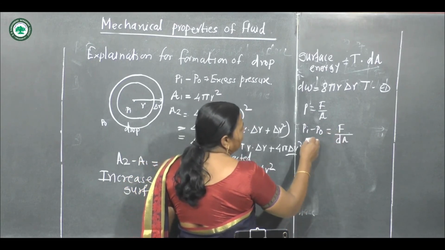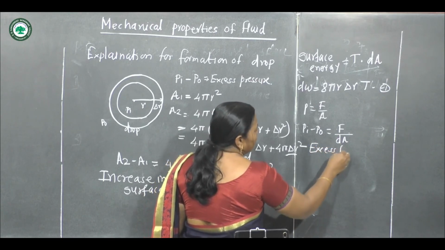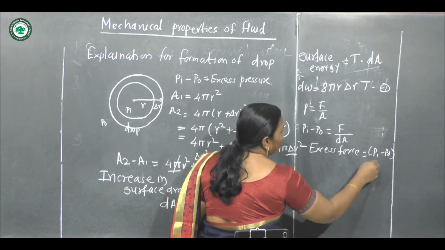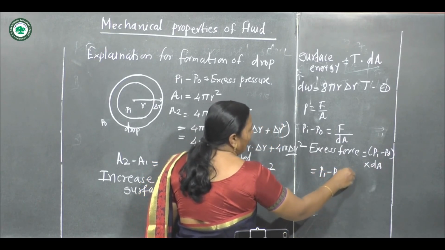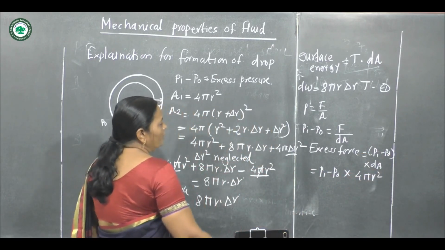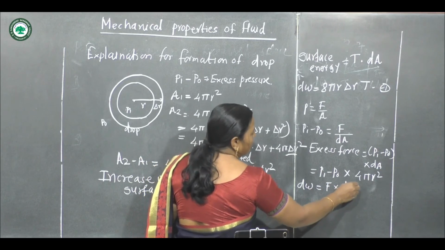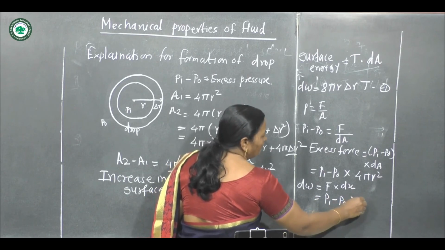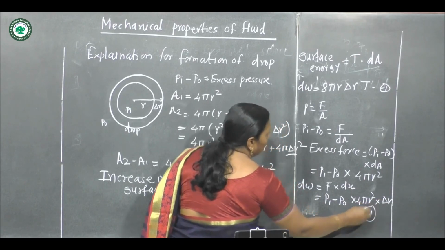Then the excess force is equal to Pi minus P0 into dA, that is Pi minus P0 and the area is 4 pi r square. We know dW, work done, is equal to force multiplied by displacement. The force is Pi minus P0 into 4 pi r square, and the displacement is delta r. This is equation number 2.